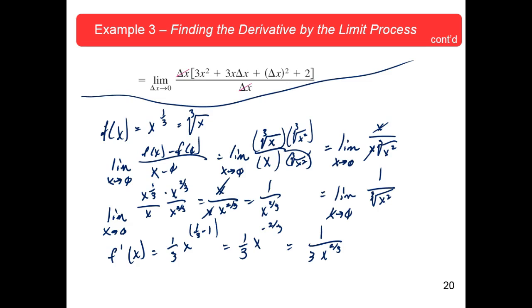So that's that. And then we multiply numerator and denominator by, it's not the conjugate, this is just what makes that, we rationalize it. Multiply this by the cube root of x squared over the cube root of x squared. This gives us x. That gives us x times the cube root of x squared.